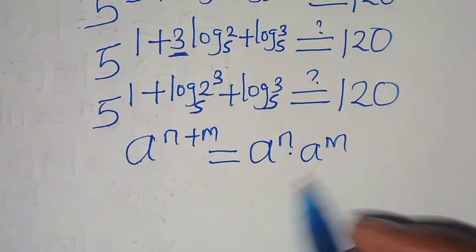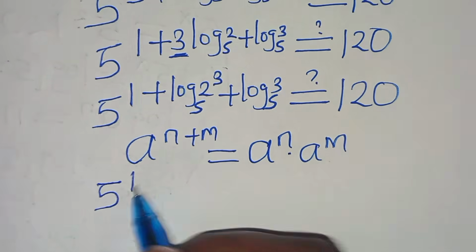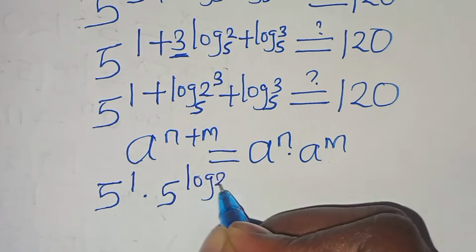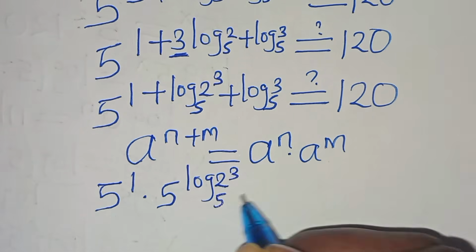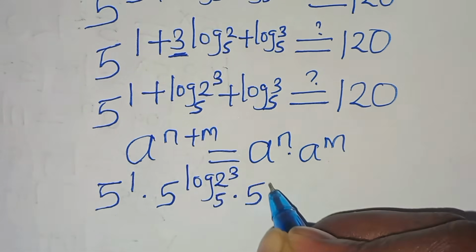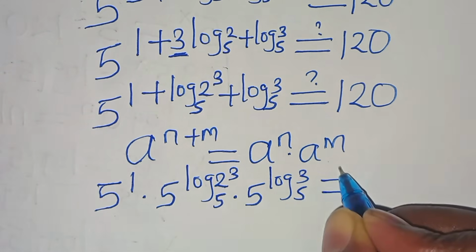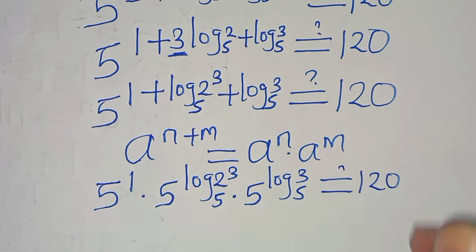Applying this exponent property, we have 5 to the power of 1 times 5 to the power of log 2 to the power of 3 to base 5, multiplying by 5 to the power of log 3 to base 5. This should give us a value of 120.